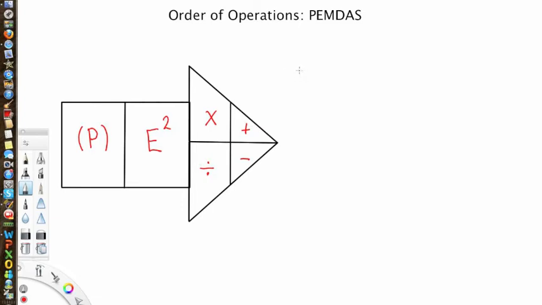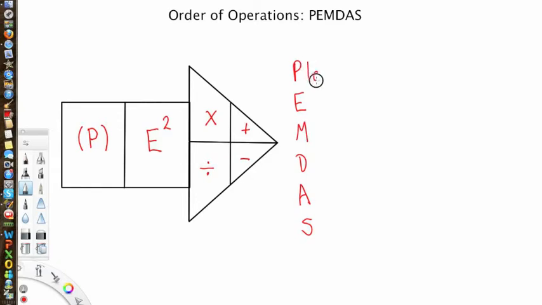Now, I think you're familiar with this mnemonic device we have for order of operations. We take P, E, M, D, A, and S. To help us remember parentheses, exponents, multiplication, division, addition, and subtraction, we have a little mnemonic device.